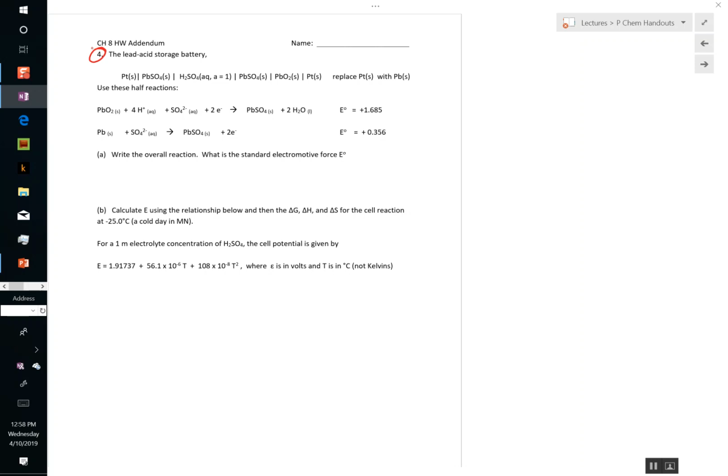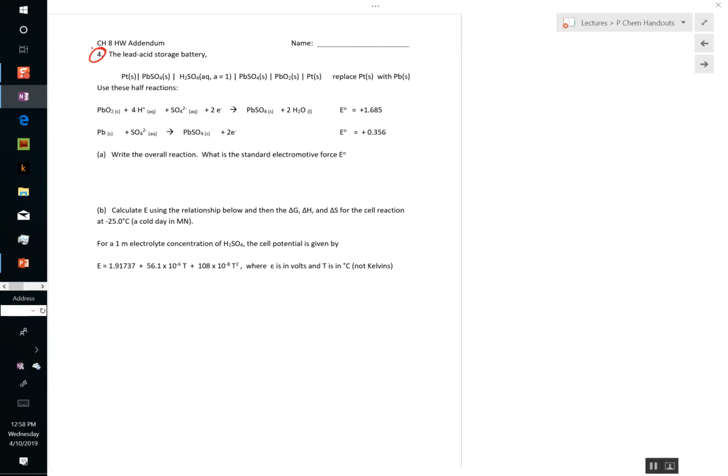I said, so take that and replace solid platinum with solid lead. Use these half reactions. And this kind of coincides. Remember early on in one of the lectures on chapter 8, I gave you the half reactions for a lead storage battery.